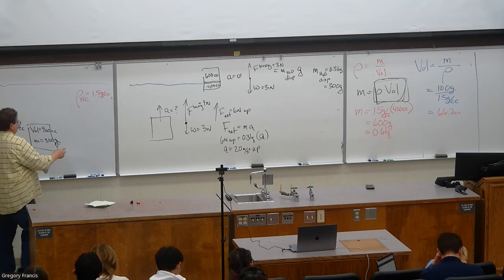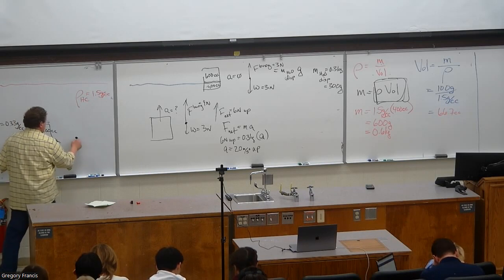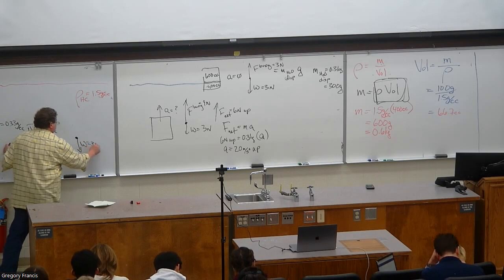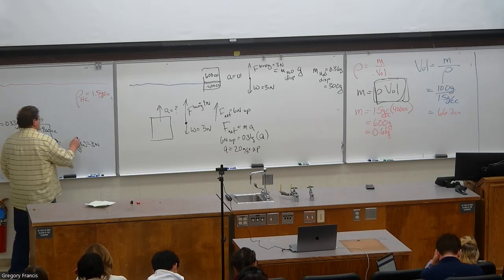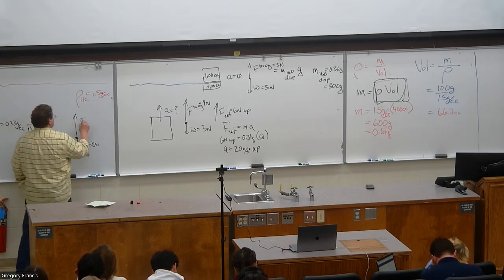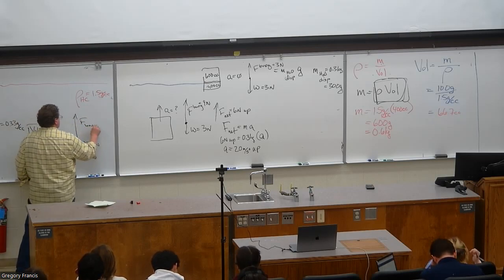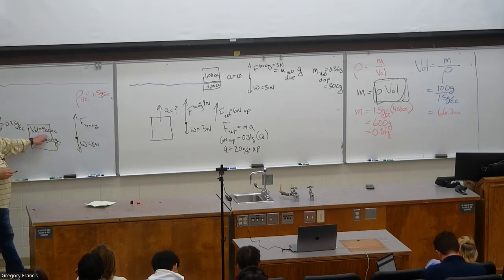So now if I do my free-body diagram, my weight force is still 3 newtons. Again, the earth doesn't care whether it's in water or heavy cream, it pulls the same. But my buoyant force now is the weight of 900 cc's.